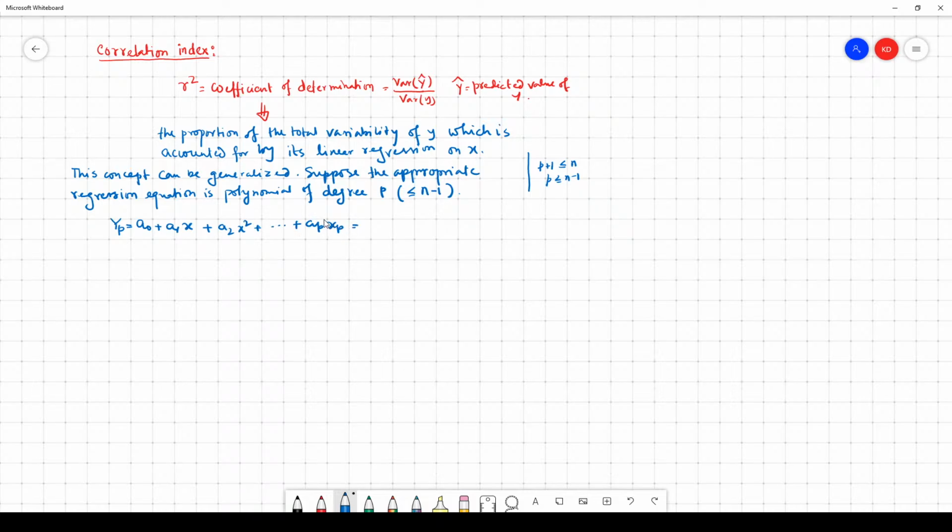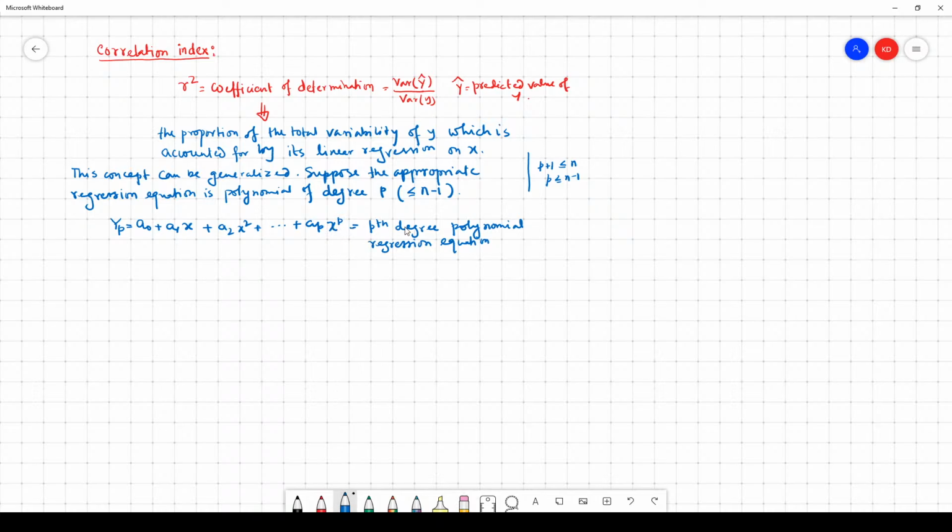This is a pth degree polynomial regression equation. Sorry, it should be x to the power p.